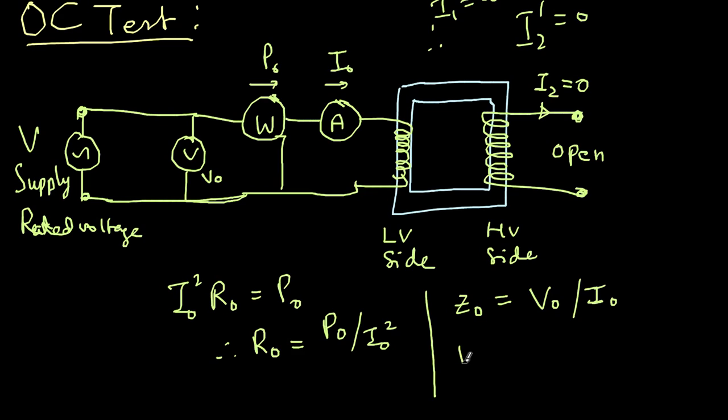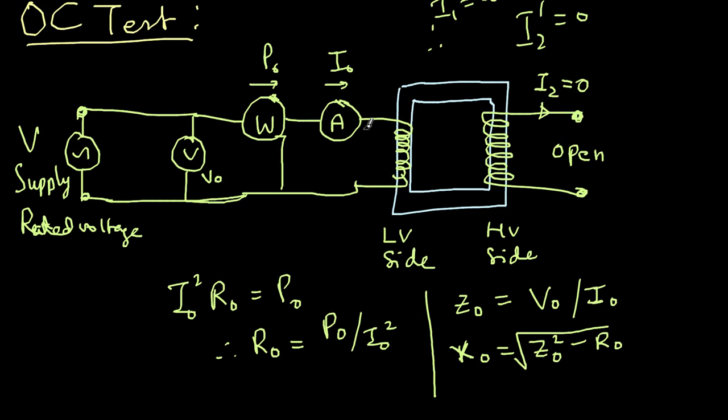It is nothing but the square root of Z0 squared minus R0 squared. So just using these formulas, I can find them out. R0, Z0 and X0 I can find out. That's it. The objective of the OC test is to find out R0 and X0.